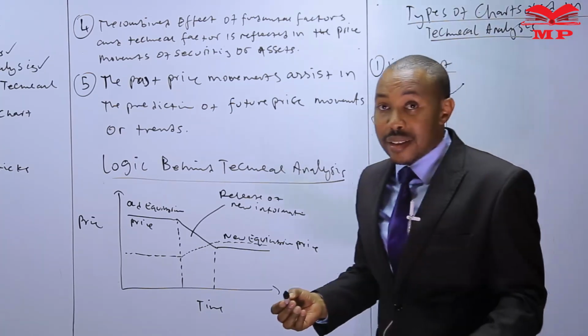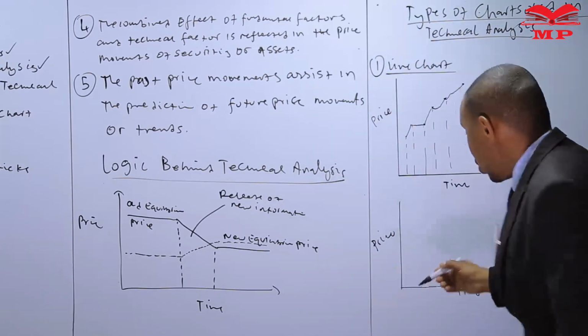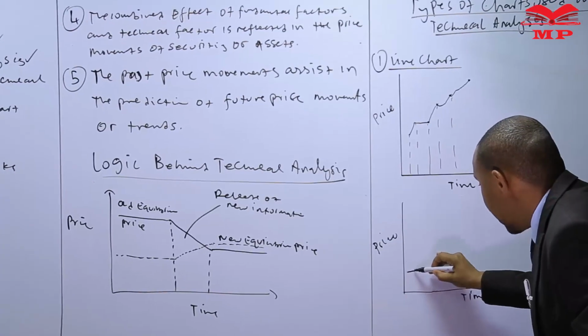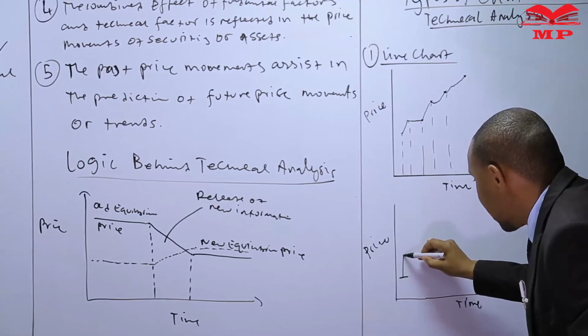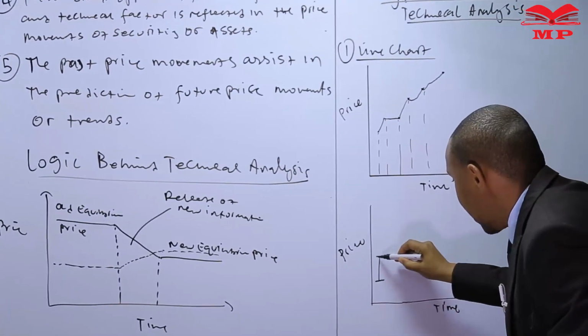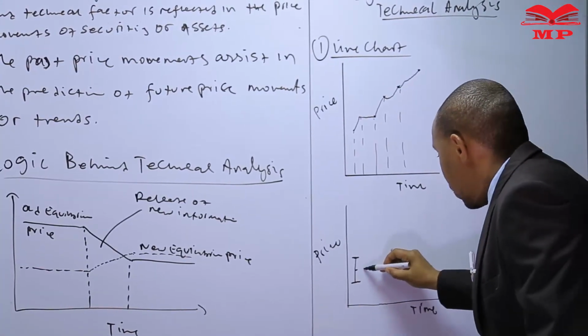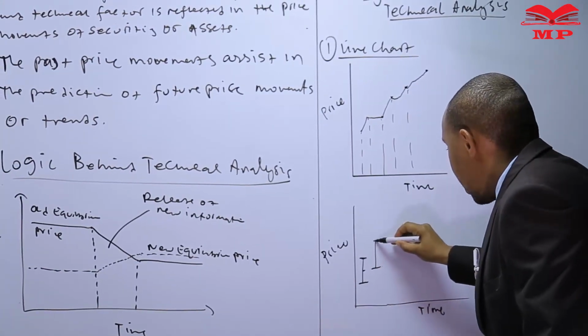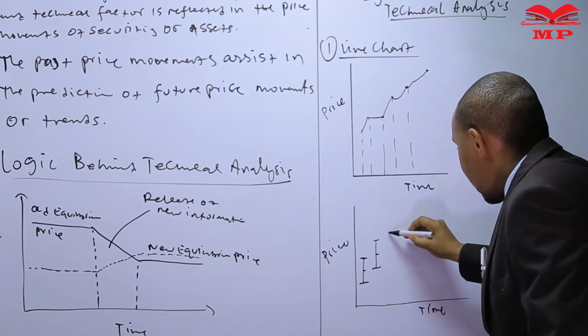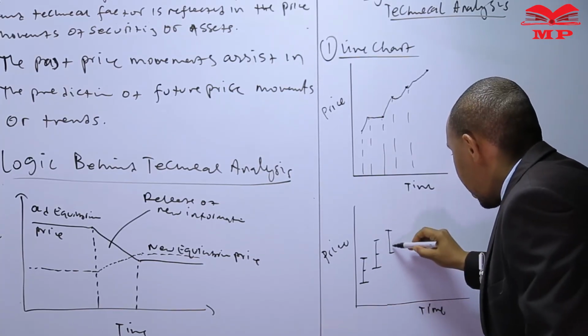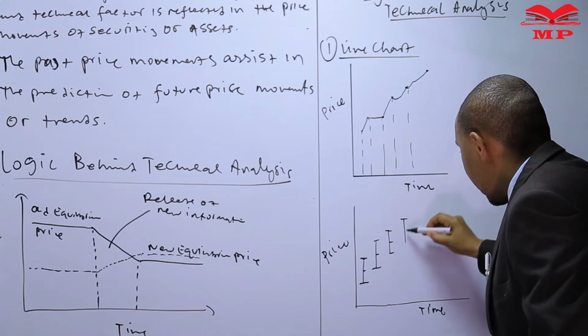But now in this instance, what will happen is that we are going to plot the starting price, the opening price, and the closing price like that. Here is the midpoint there. Then as we move on like that, we plot a bar chart like that, and so on and so forth.